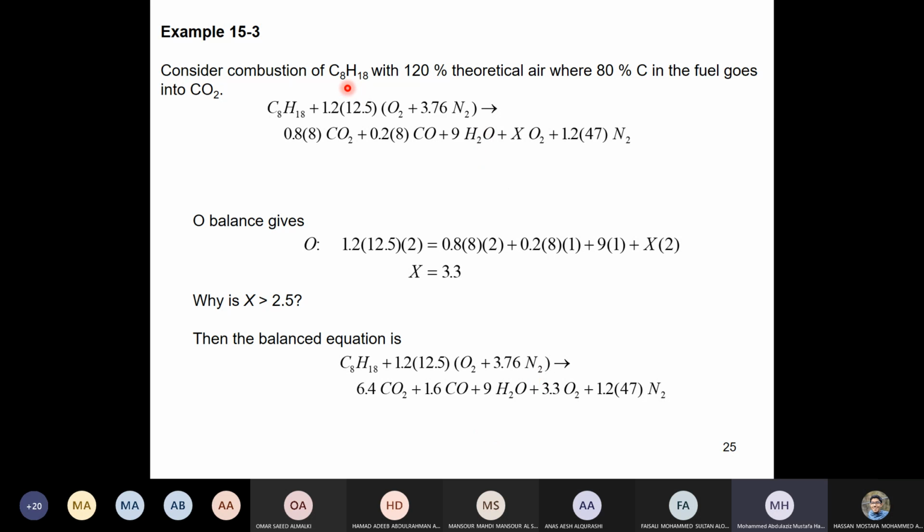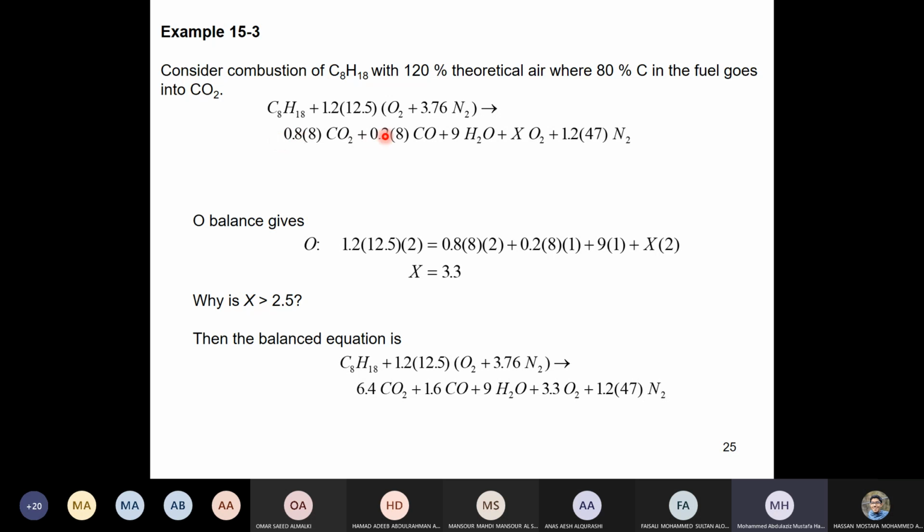Okay. Another example is just for deficient air. It says consider combustion of C8H18 with 120% theoretical air, where 80% of carbon goes to CO2. So what do I do in this case? He says 0.8 will build CO2. If it is complete combustion, this will give me 8, but now it is not, so I put 0.8 here.